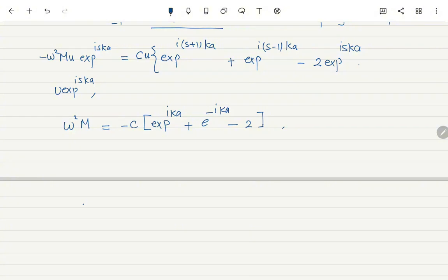Now let's use the cosine identity. Cosine theta, remember, is equal to e to the i theta plus e to the minus i theta, over 2. If we use this here, we will see that 2 cosine ka equals exponential i k a plus exponential minus i k a.